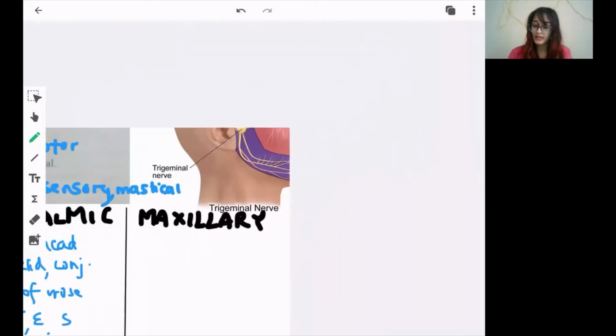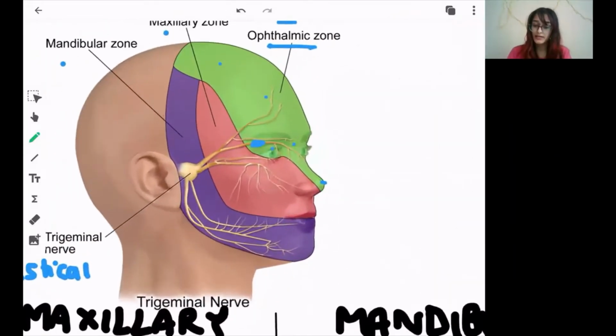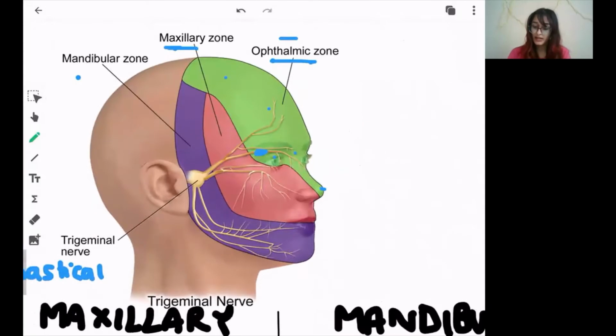Now let's look at the area supplied by the maxillary nerve. It is the temples, the cheeks, the lateral part of the nose, the lower eyelid, the upper lip, and the upper teeth and gums.